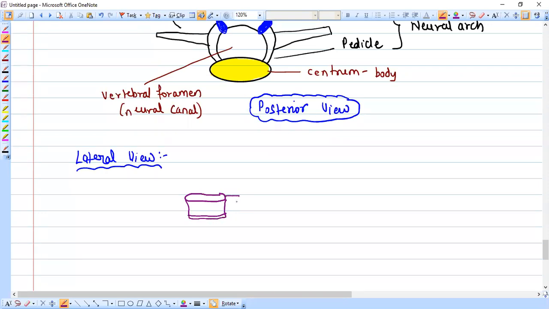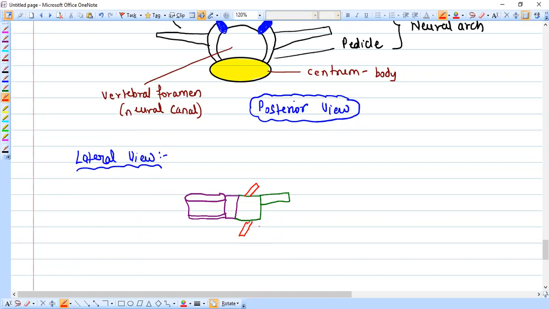Then I draw the body here. Then I take another extension here, something like this. Then I draw the process, spinous process that we have seen. There will be two articulating processes. One is called superior articulating process above, and another one is called inferior articulating process.